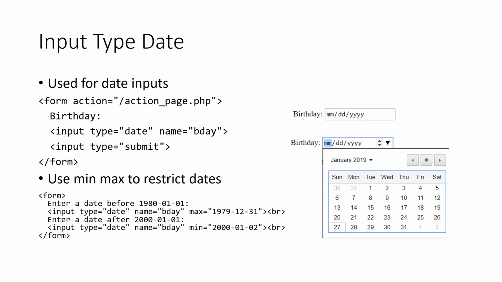So it will represent the birthday as month, day, year. So we need to check this. And the date range could be limited by using max and min.